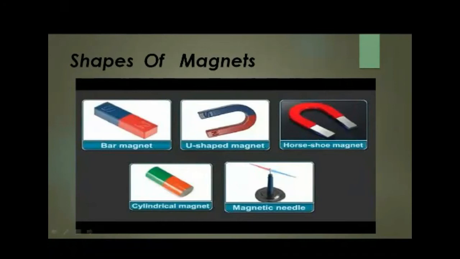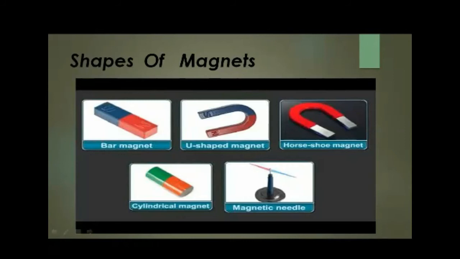These are the types of artificial magnet. As I told you, artificial magnets have proper shapes. Students, kindly take a screenshot of this slide.